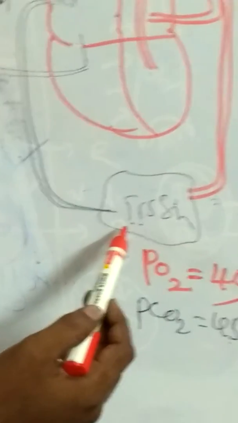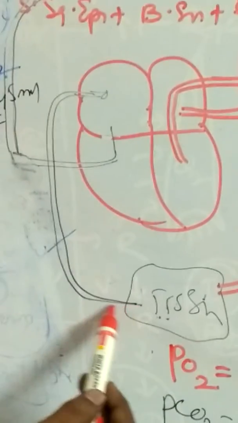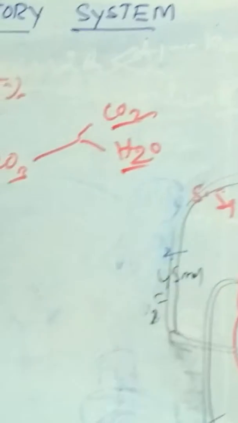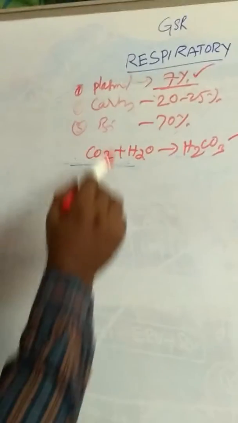Here at the tissues, carbon dioxide is released and combines with the water of the plasma and forms H2CO3. This H2CO3 will reach near the lungs, dissociating into CO2 and H2O. The very least percentage of carbon dioxide transport takes place as solutes.